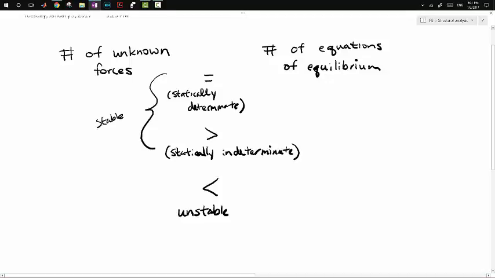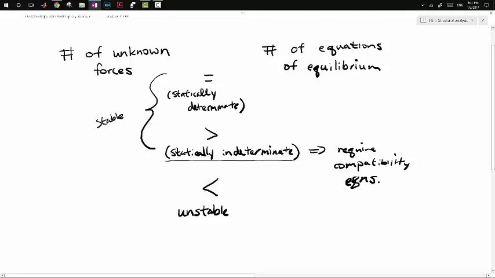However, if they're not equal, then you have a statically indeterminate structure where you will require compatibility equations. And I'll go into what compatibility equations are in a later video.